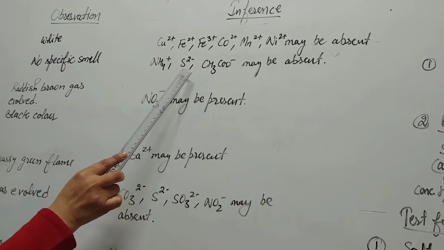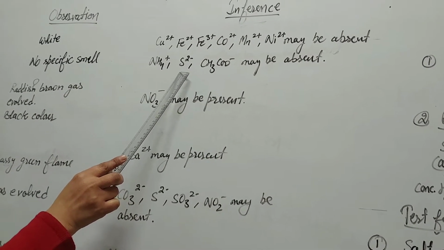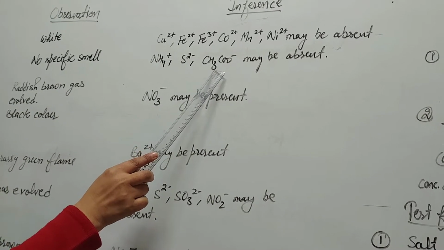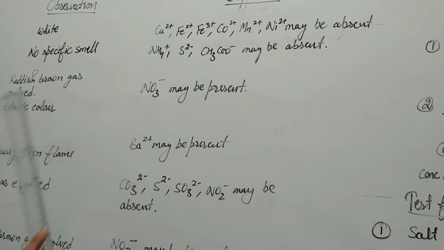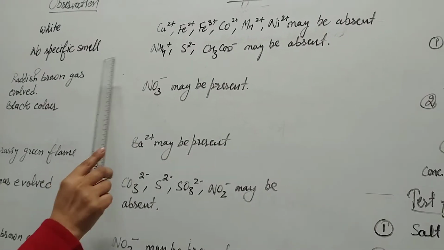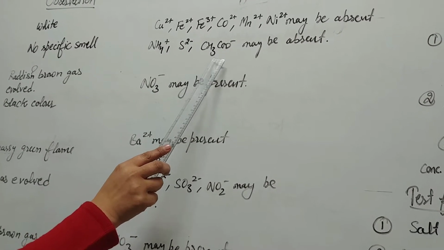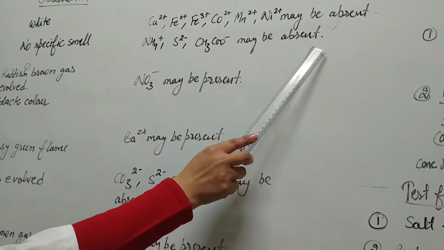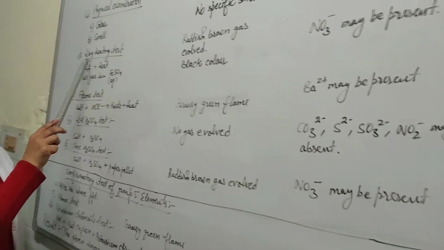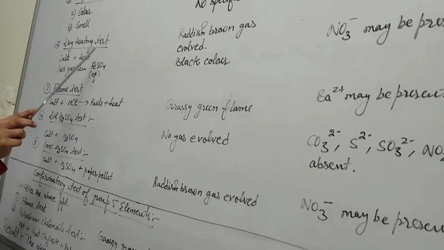Sulfide compounds produce a rotten egg smell. Acetate ion produces a vinegar-like smell. If the salt given to you does not produce any particular smell, it means these ions may be absent.